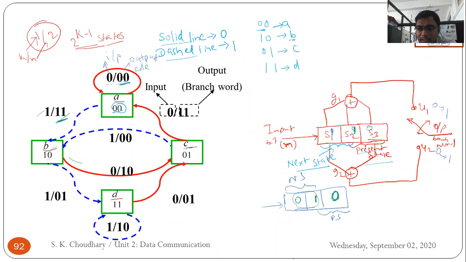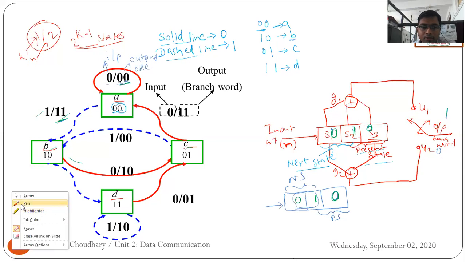When your present state is 1, 0 and you have received 0, U1 would be 1 and U2 would be 0. You can see here U1 is 1 and U2 becomes 0.